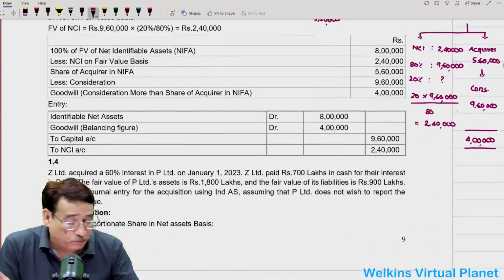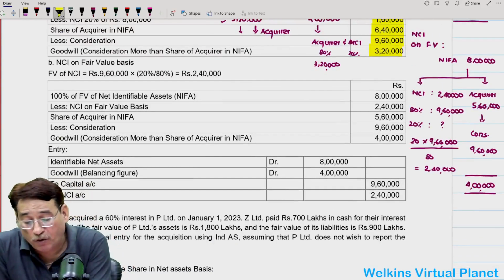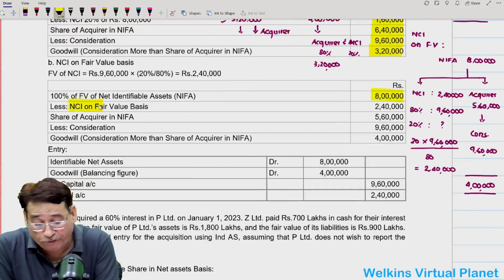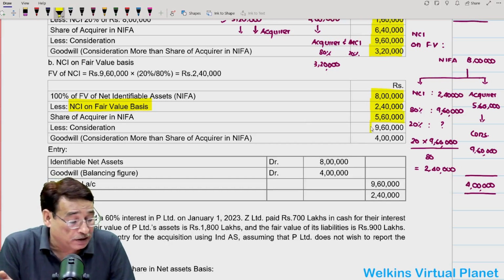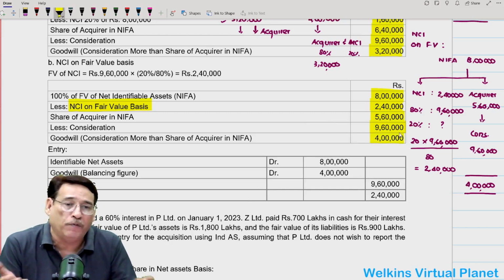So this is the solution I have done through fair value basis. You can have a look over here also, although I have explained the point. 8 lakh. Now NCI on fair value basis, as we computed, 2 lakh 40,000. So 5 lakh 60,000 will be the share of acquirer, 9 lakh 60 purchase consideration, 4 lakh will be the amount of goodwill.